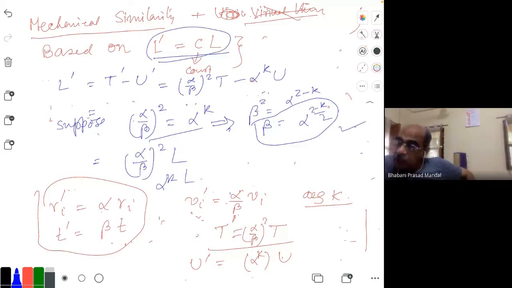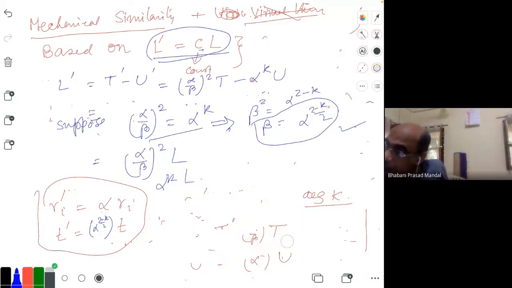So if I scale r_i prime to alpha times r_i and t prime to alpha to the power 2 minus k by 2 times t, then the Lagrangian is just multiplied by an overall constant and does not change. So under this scaling, the dynamics of the system will not change.